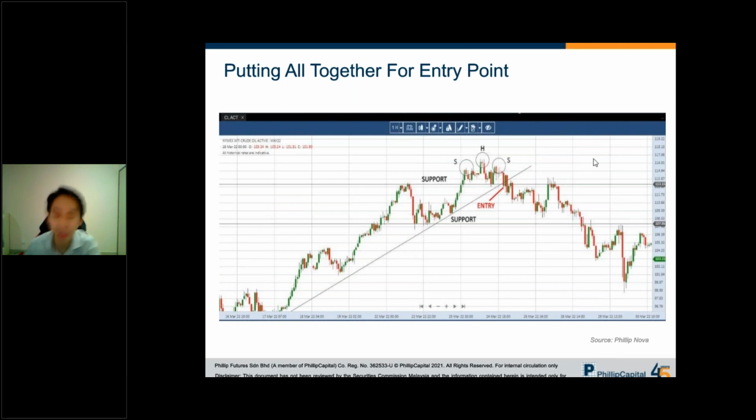Okay, so now we combine the knowledge that I've shared with you for determining the entry point. The price started off trending up nicely, right? Then what happened when the market felt the price was already overbought?